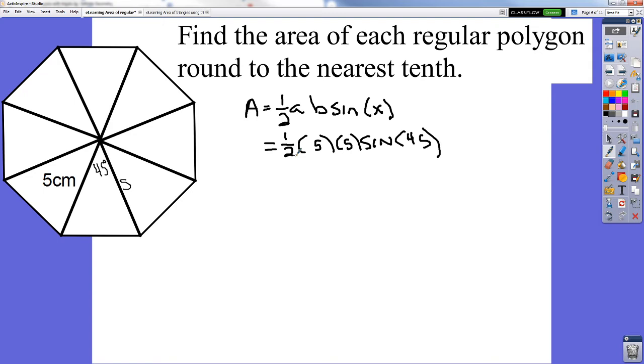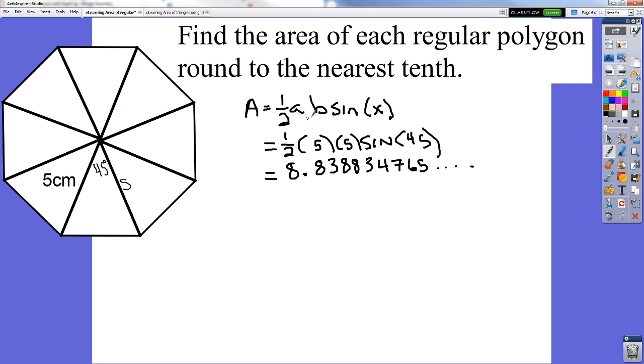So once we put this into our calculator, I'm gonna call up the calculator on my phone, and we're gonna type it in: 1/2 times 5 times 5 times the sine of 45 degrees, and that ends up being 8.83883476, and so on. We're going to hold on to this number for a second.